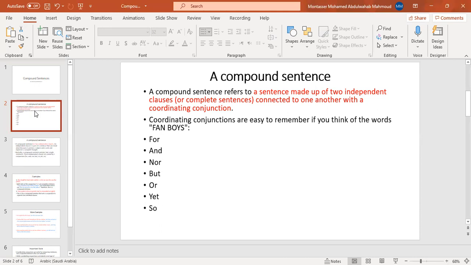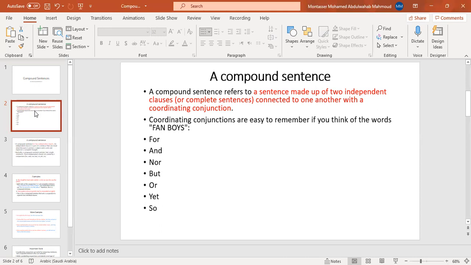If you think of these words, FANBOYS, FANBOYS: F for for, and A for and, N for nor, and B for but, and O for or, and Y for yet, and S for so.